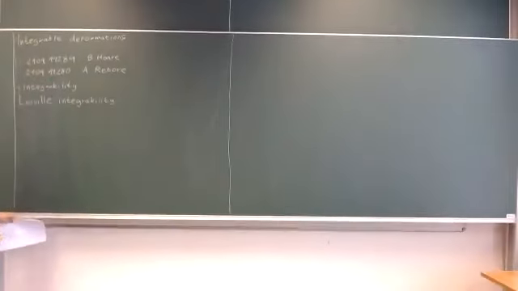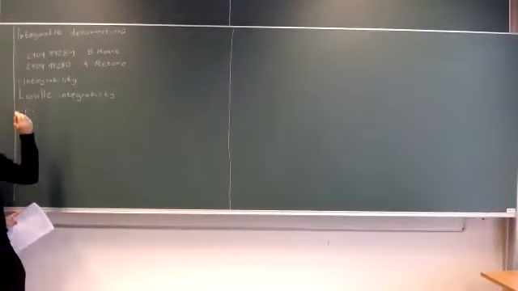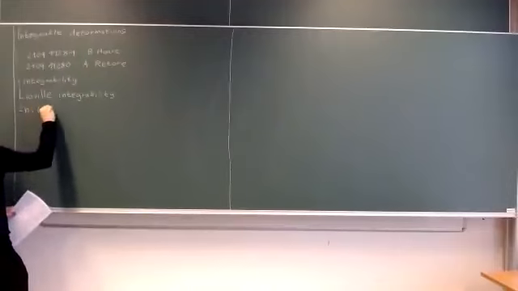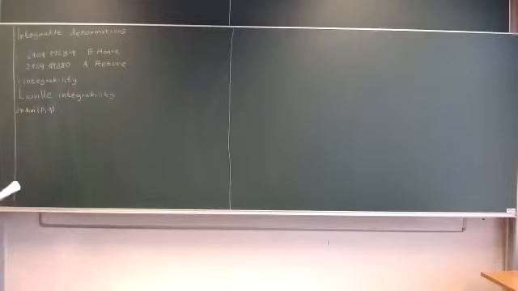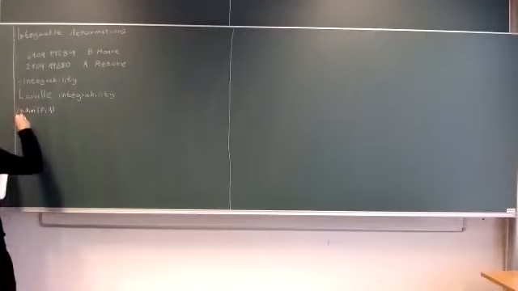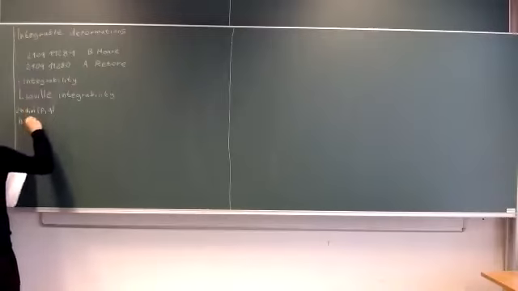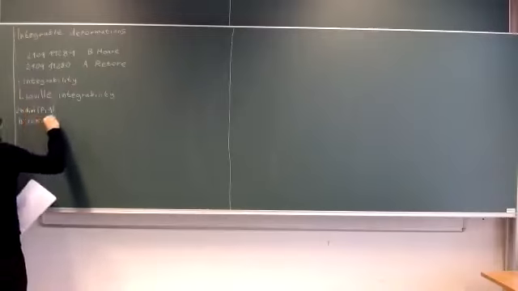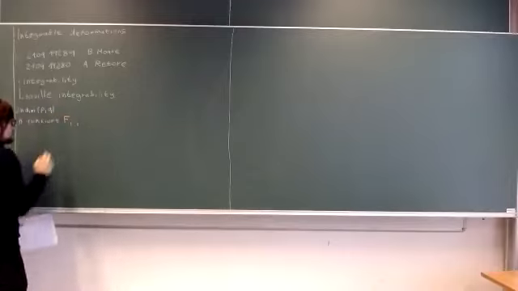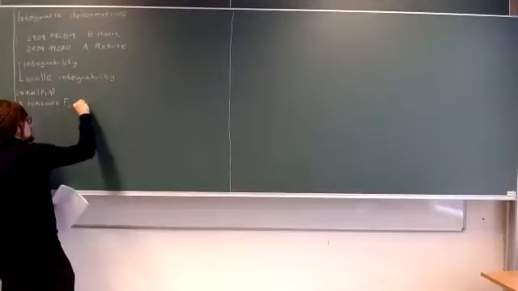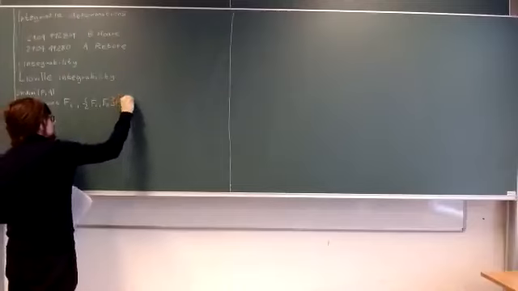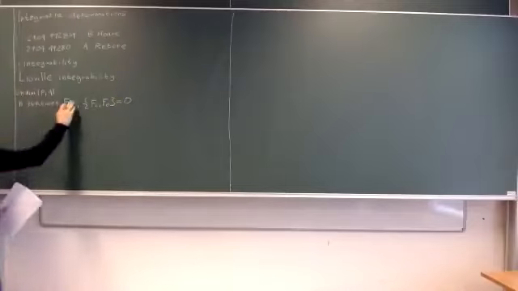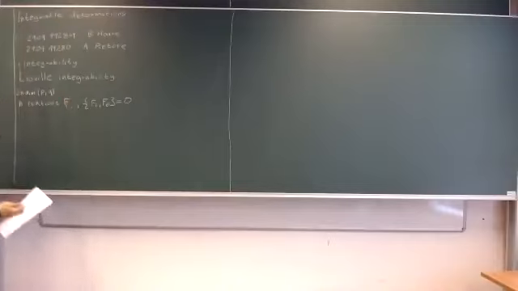So if we have some 2n-dimensional phase space with p's and q's, and if we also have in the setup n functions, let's call them F_i, that satisfy certain properties: that they are involutive, meaning they commute with each other with respect to the Poisson bracket, and they are independent from each other, with index i going from 1 to n.